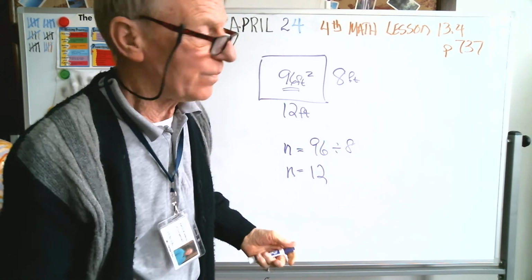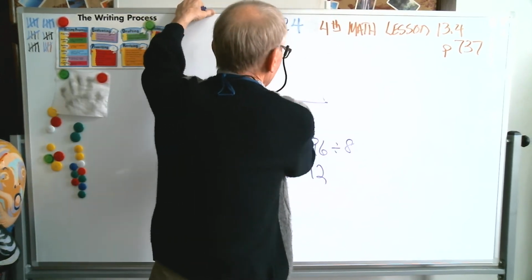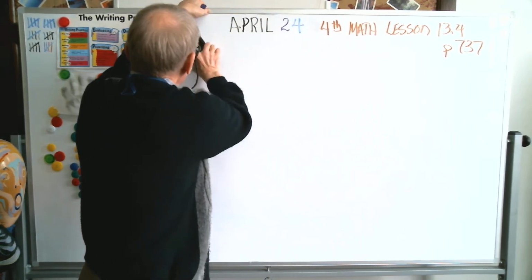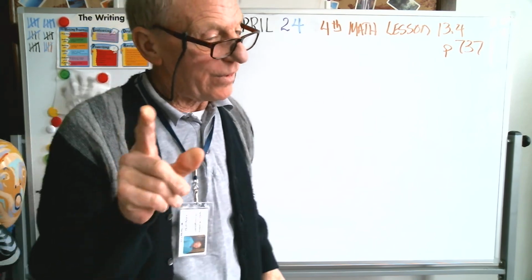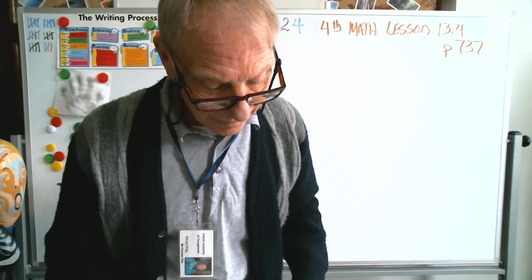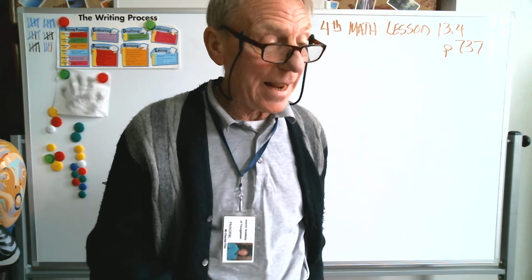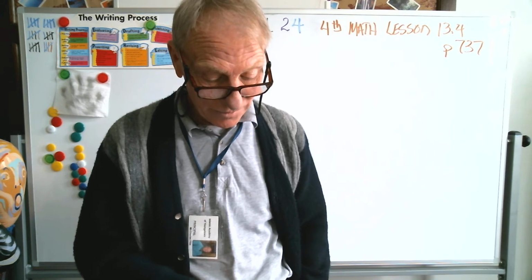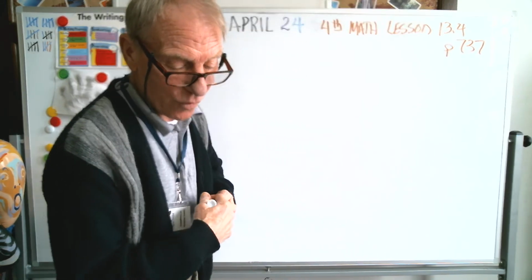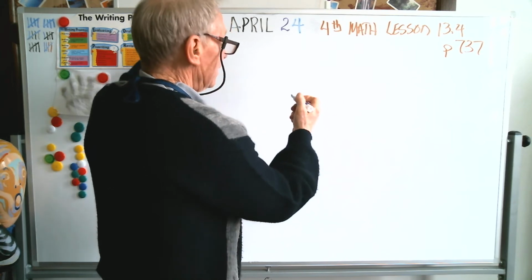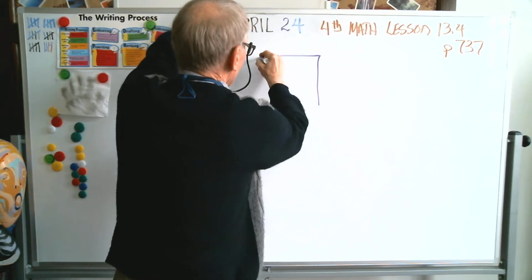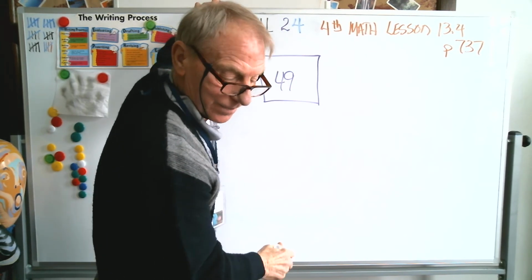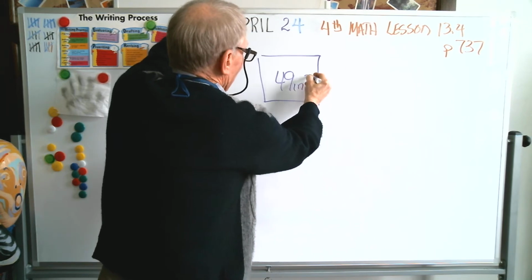So, these two methods of finding a missing value are pretty straightforward. It's not rocket science. If you know your multiplication tables, this becomes very easy. Let's look at number 8 because it's a word problem. And you know how much I love word problems. Here we have a square. And it's saying that that square has an area of 49 square inches.